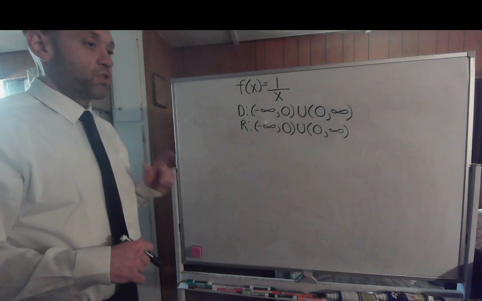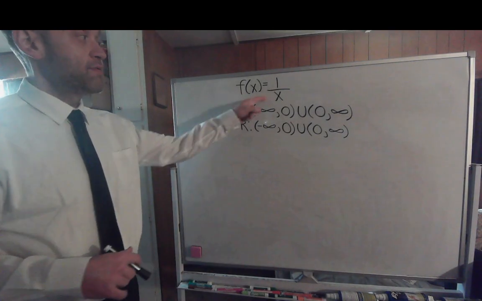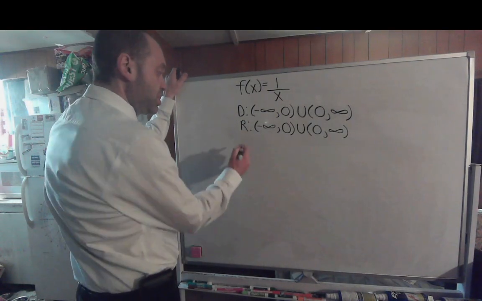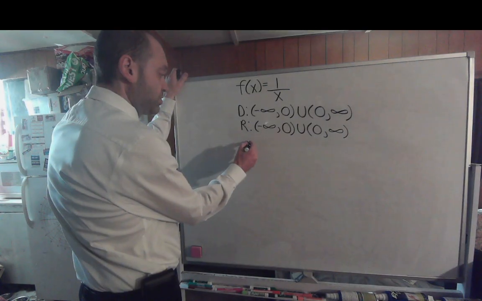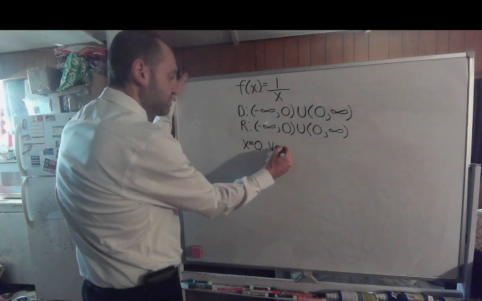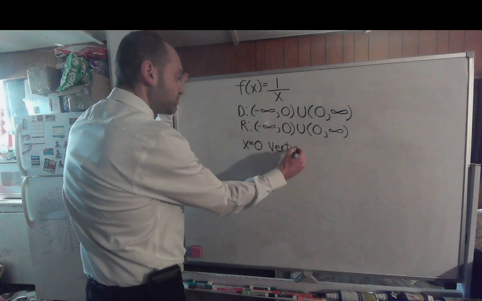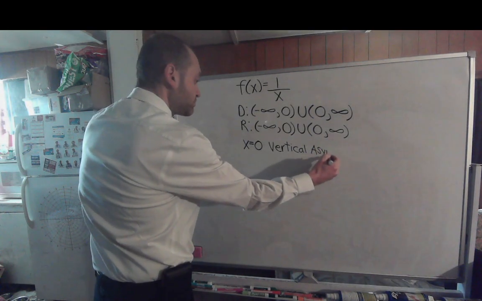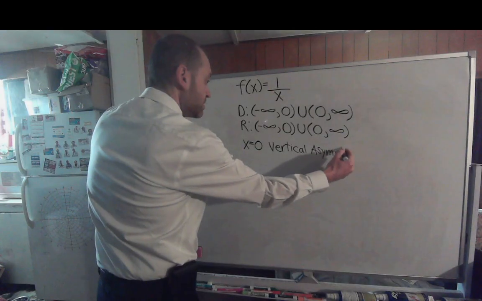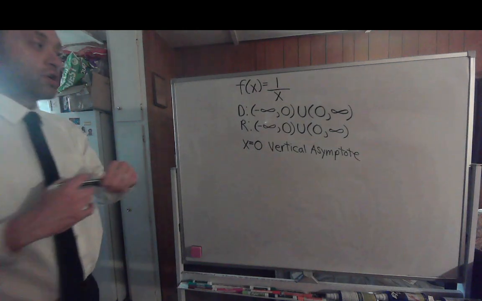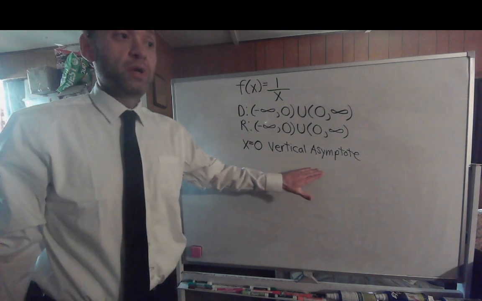Also, it's worth mentioning, whenever the denominator equals 0, that's what's called a vertical asymptote. So x equals 0 is your vertical asymptote. That's going to occur whenever the denominator would equal 0.